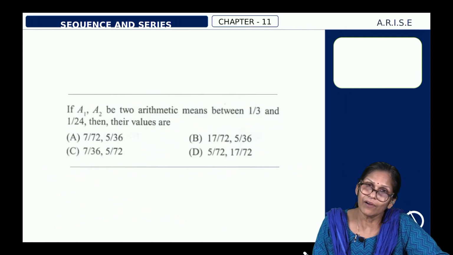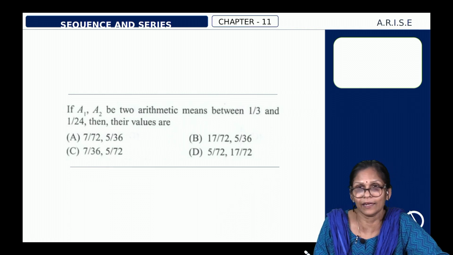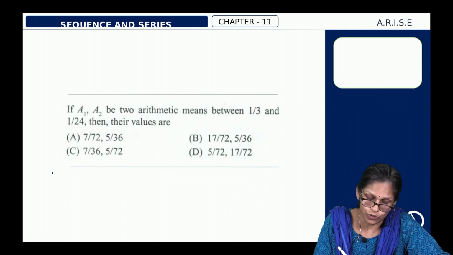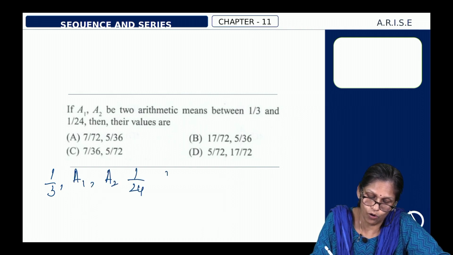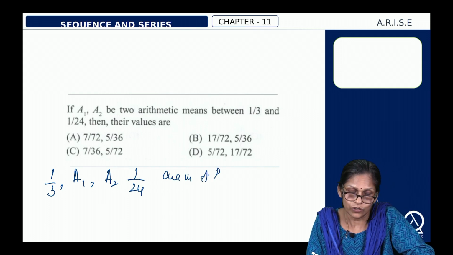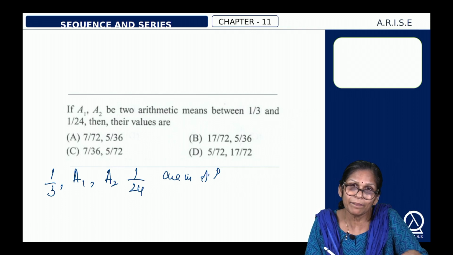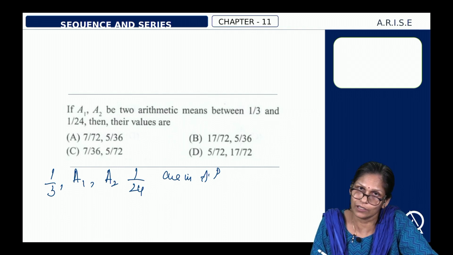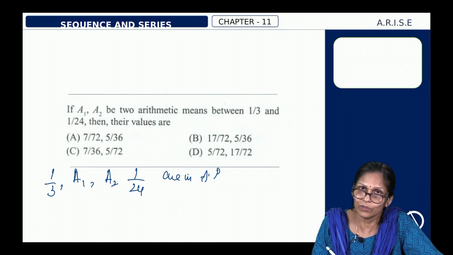Now, let A1, A2 be two arithmetic means between 1 by 3 and 1 by 24. So, we have 1 by 3, A1, A2, 1 by 24 in an AP. This AP consists of how many terms? 4 terms, right? So, the fourth term is 1 by 24.